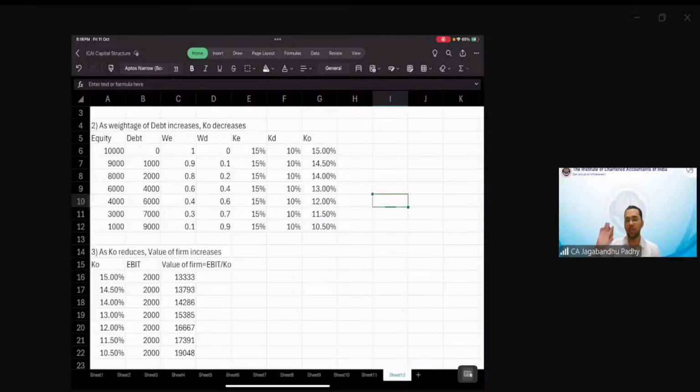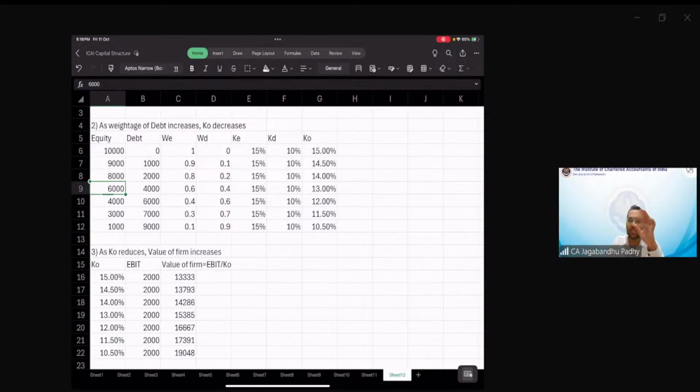Think from the point of view of equity shareholders. Do you think that you, as an equity shareholder, will expect a 15% return from the company when you had 100% weightage? And as your weightage is reducing and the company is taking more and more debt, isn't your risk getting affected?